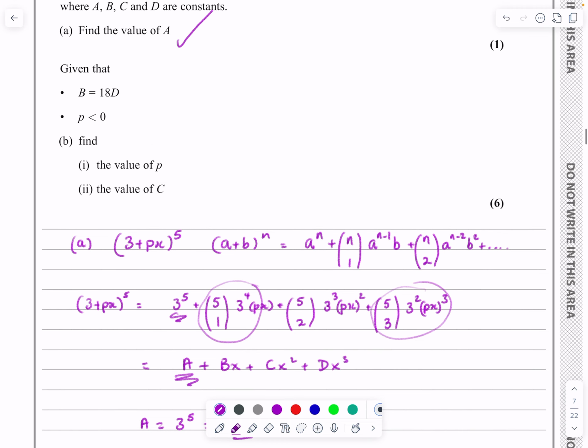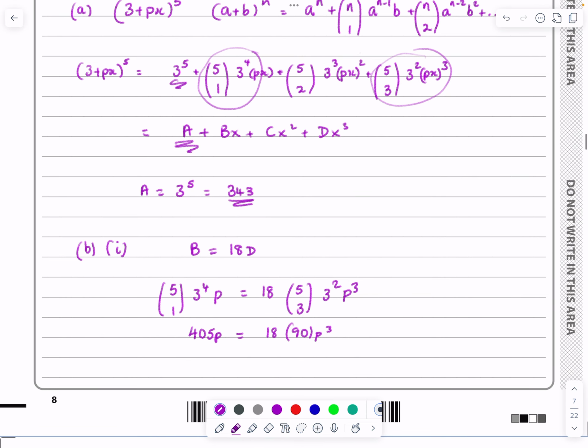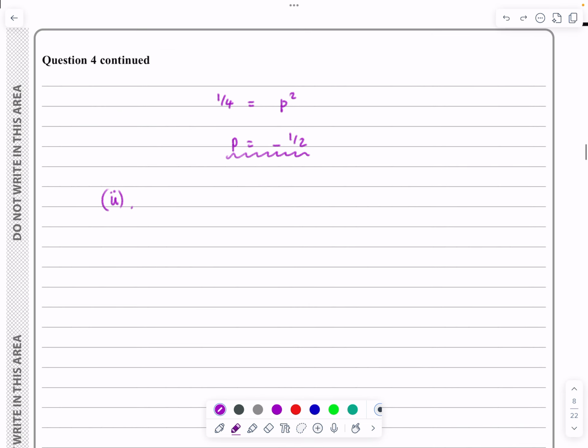And then for the second part, we now want to work out what the value of C is, but remember, I now know what P is. So C is this part here. So what's that going to be?